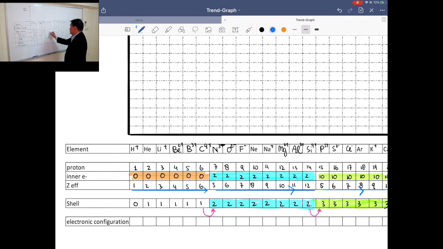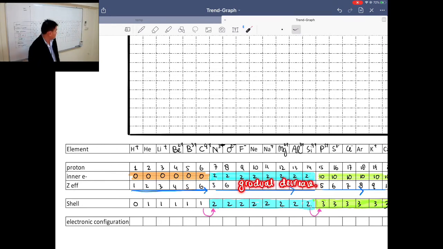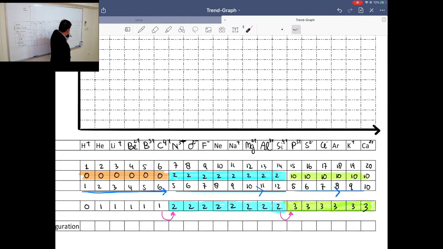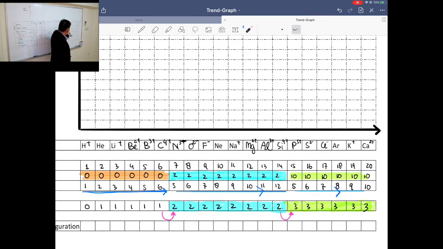So similarly, there will be a gradual decrease of ionic radius from nitrogen 3 minus to silicon 4 plus because of the increasing effective nuclear charge. And the same explanation is applicable from phosphorus 3 minus to Ca2 plus, gradual decrease.